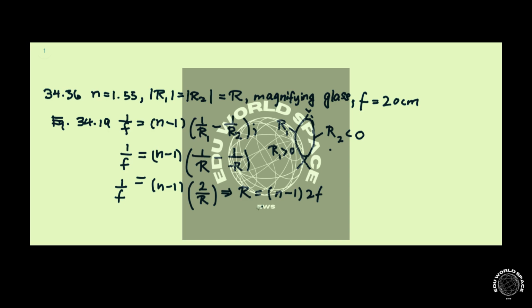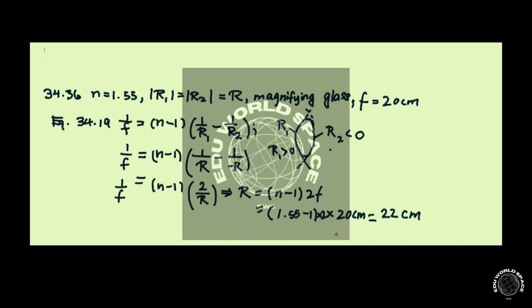If I substitute the numbers that I have, then I have 1.55 minus 1 times 2 times 20 centimeters, which gives me 22 centimeters.